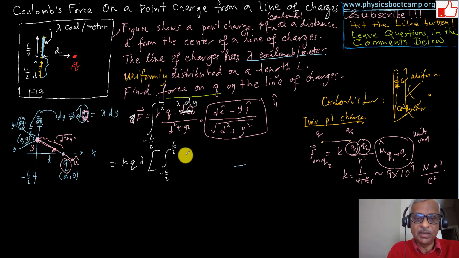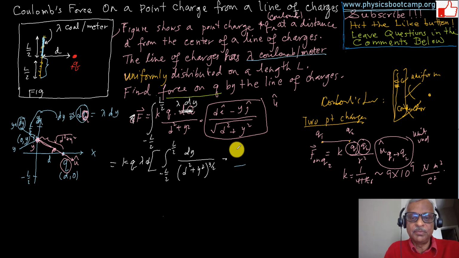I already see the answer, but I want to make sure that you see it. This d comes out because d is constant, and I have d square plus y square to the 3/2.